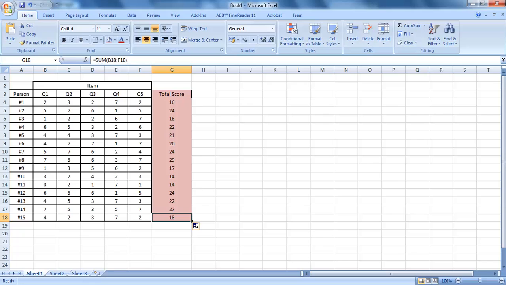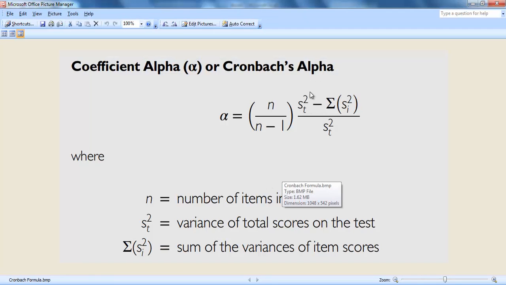So again, let us take a look at the formula. So this S sub t squared is the variance of total scores on the test. So we know how to calculate the variance using a built-in formula. So let us do that.